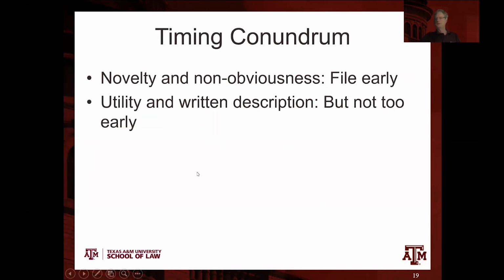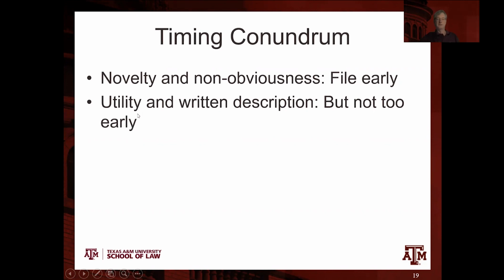So this puts you in something of a conundrum in the biotech pharma field as a patent applicant. Novelty, non-obviousness, priority being the one who gets the rights to the invention, all advise you to file early, and as a patent attorney, that's often what I'll suggest to you.